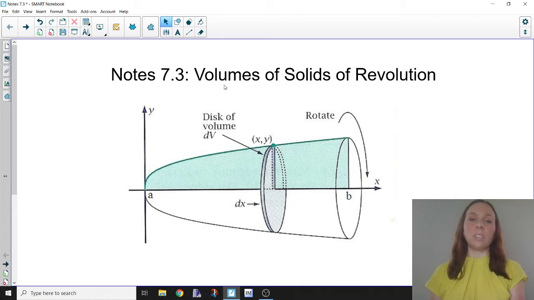I think most of these examples, if not all of them, are revolving around the x-axis. Okay, but then when we do practice, you'll see revolving around the y-axis and other lines as well. Okay, but for now, let's just do baby steps, and that will be taking a curve, revolving it around the x-axis, seeing the resulting solid, and then talking about how to use integrals to find the volume.